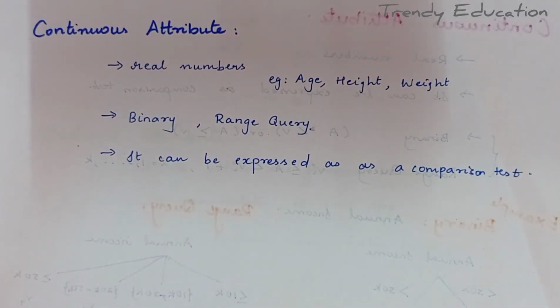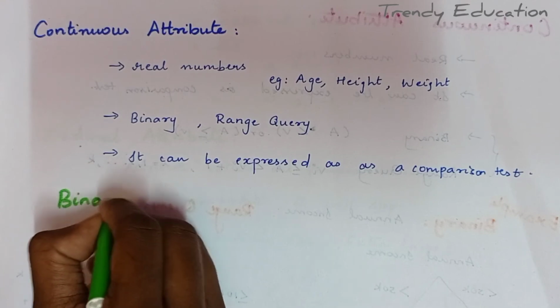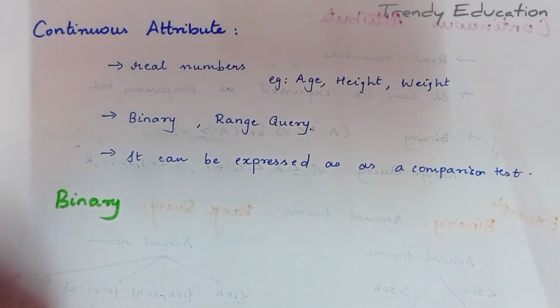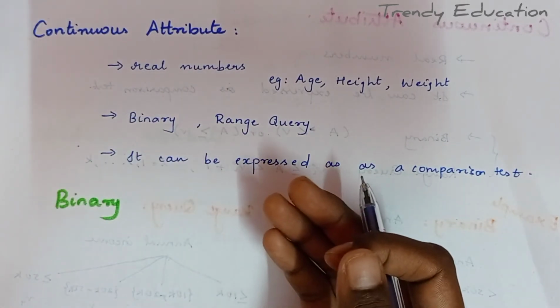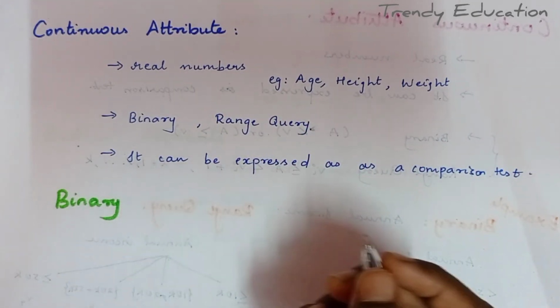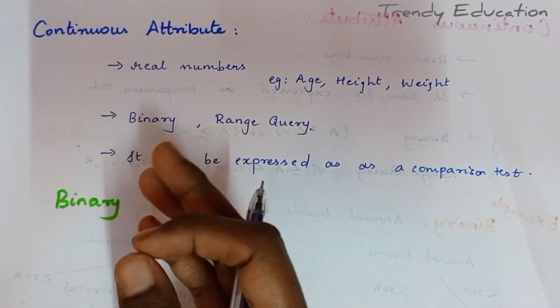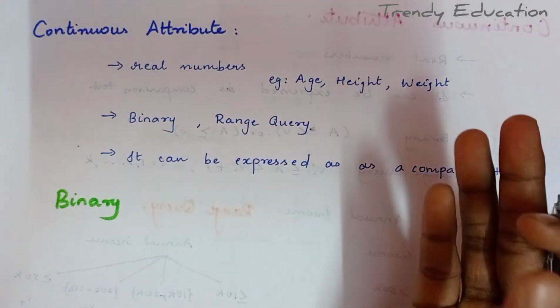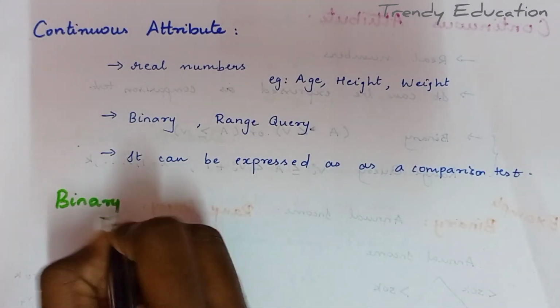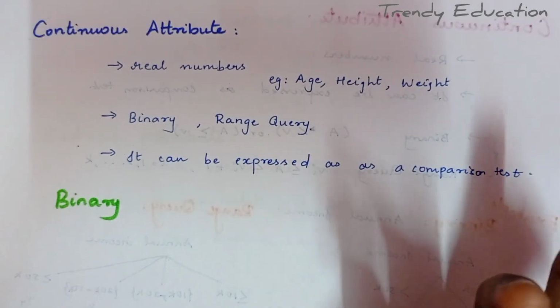Now coming to the binary split. We already know that binary is something which has only two potential outcomes. I am taking the example of a person who is eligible to vote and not eligible to vote. As we know, a person who is 18 or more can vote.